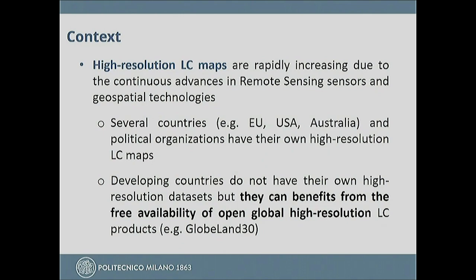Like, for instance, if I consider the situation in Italy, we have higher resolution land cover maps for the different regions in Italy. Like for Lombardy, we have the land cover map for Lombardy, that in case of Lombardy is a map at scale 1/10,000. So with an accuracy of more or less 2 meters, that is definitely better than the 30 meters provided by the GlobeLand30.